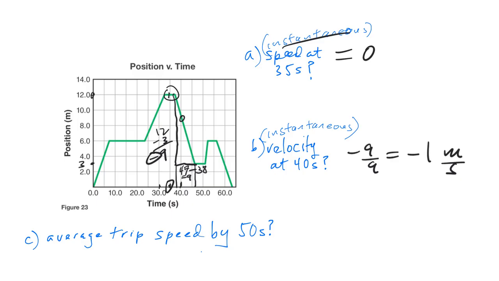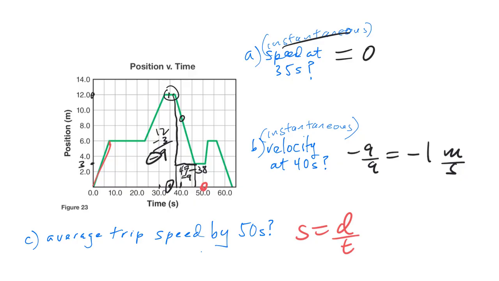What's the average trip speed by the 50-second mark? Okay, so by here, trip speed. Okay, so I went 6. Oh, speed is distance over time, net distance over time.